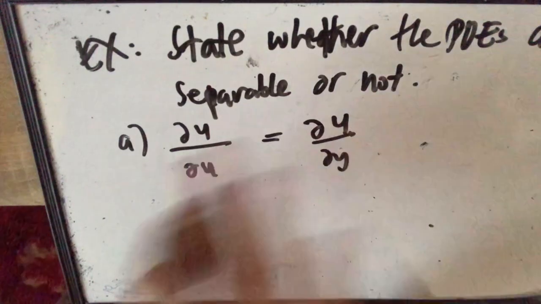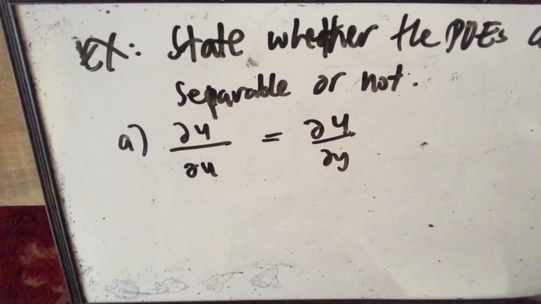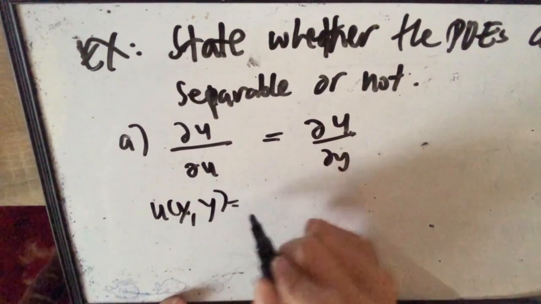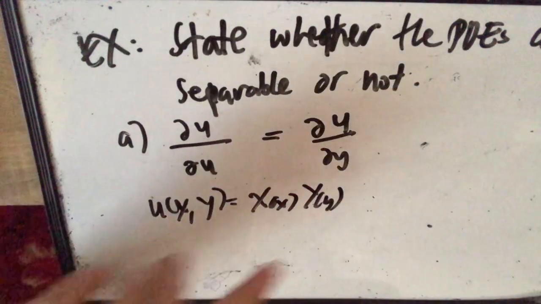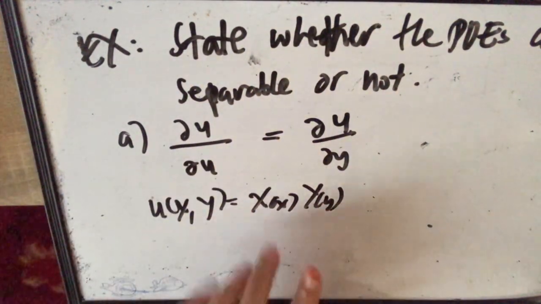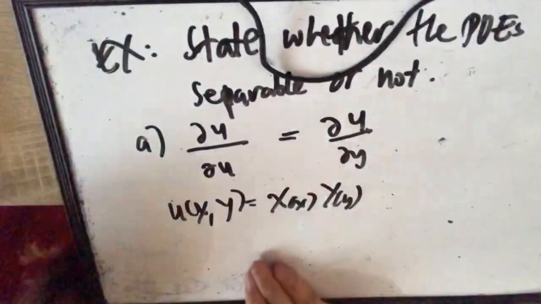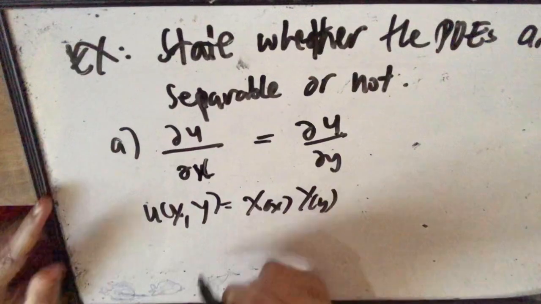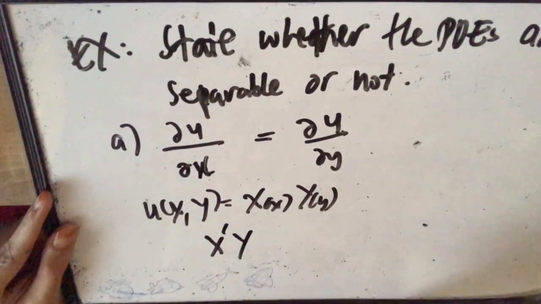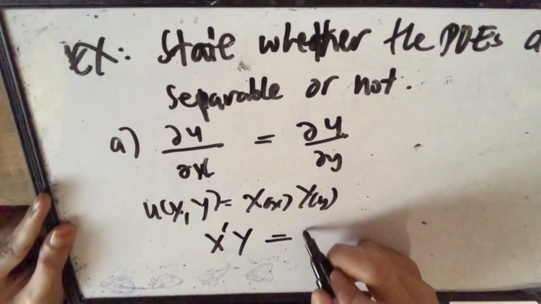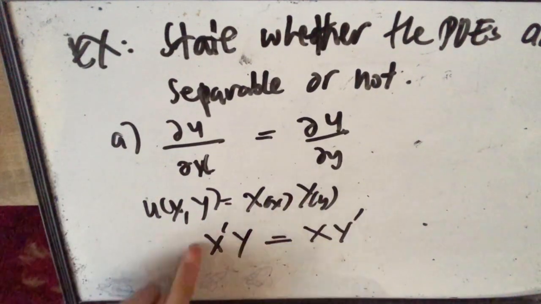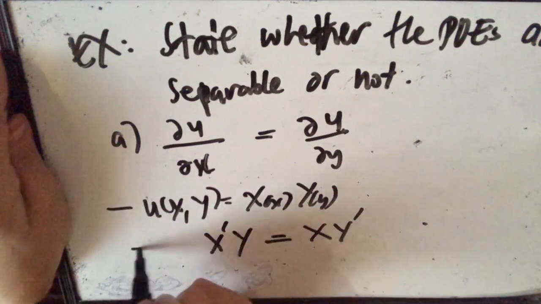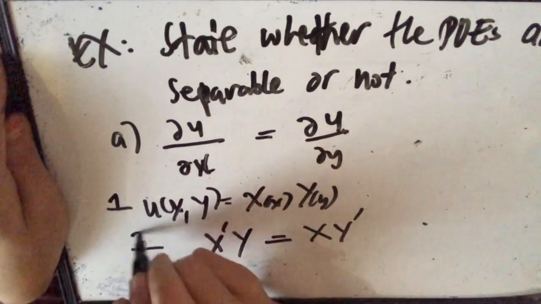Under separating variables, there are a few more steps. First, let u(x,y) equal X(x)Y(y). Second, based on this, you replace du/dx with X'Y and du/dy with XY', so we get X'Y equals XY'. This is the first and second step.